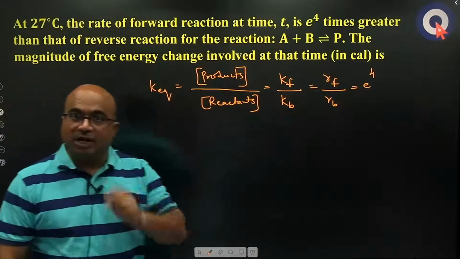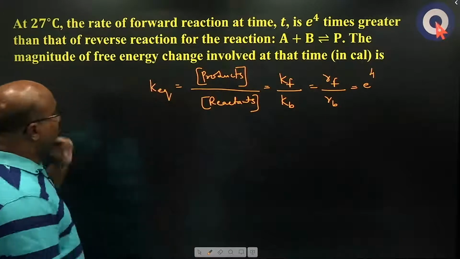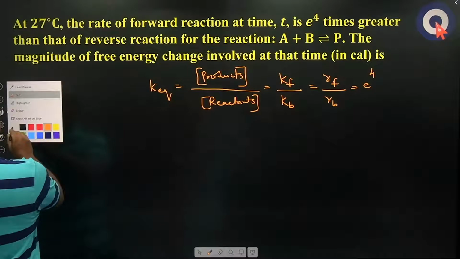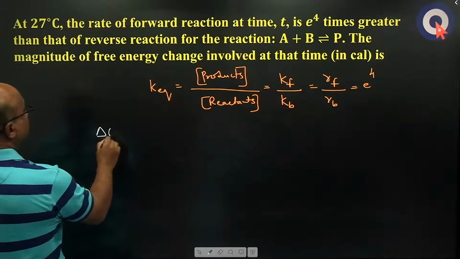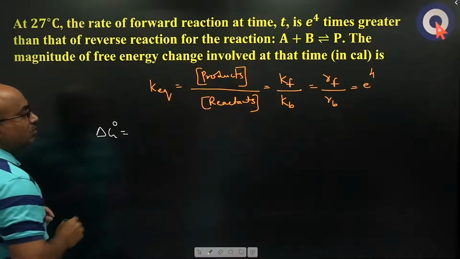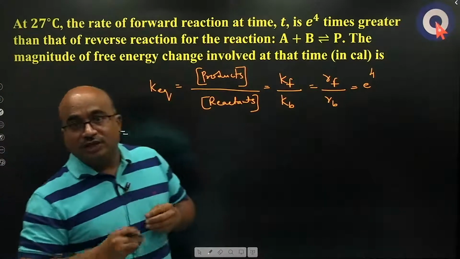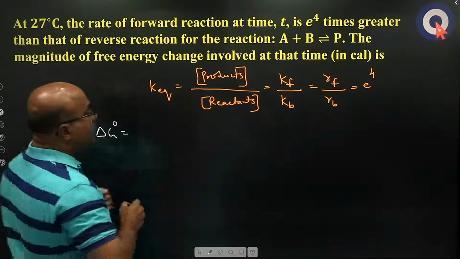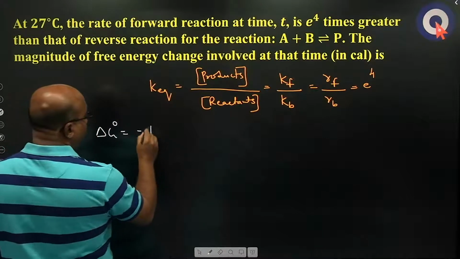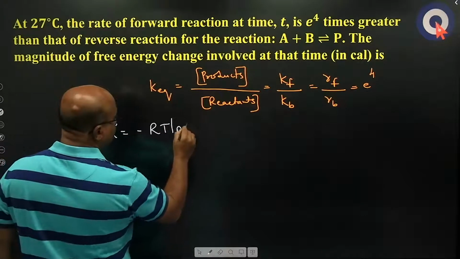From the thermodynamic relation, since delta G is 0 at equilibrium, delta G naught is given as minus RT ln K equilibrium.